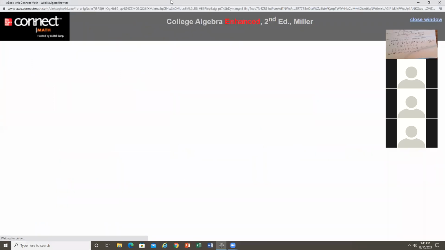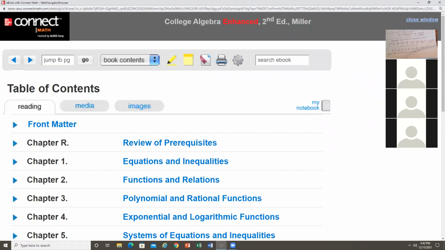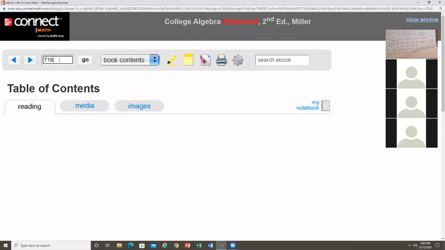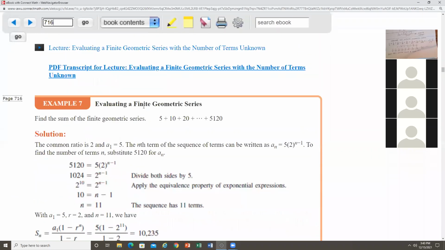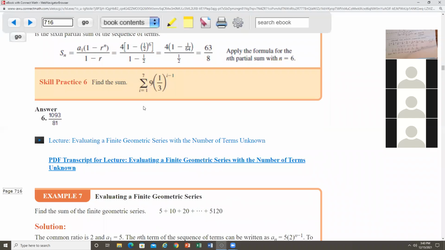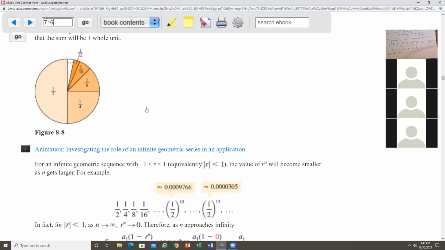Okay, let's go to page 716 in the textbook. Ladies and gentlemen, check this out. If I take a circle, one whole circle, and I start to subdivide it into smaller and smaller pieces.